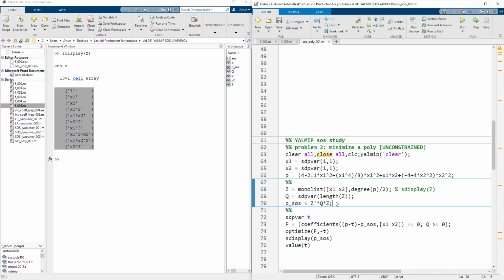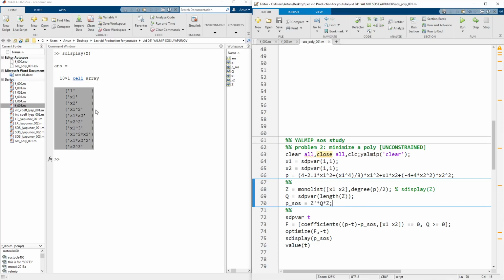All right, and again look at this, the maximum degree in z must be half the maximum degree of the P, because we are going to square that basically.